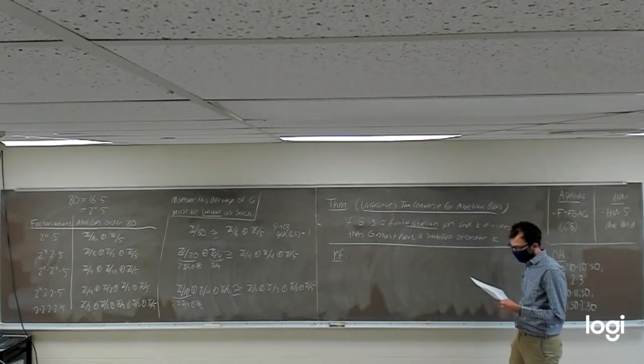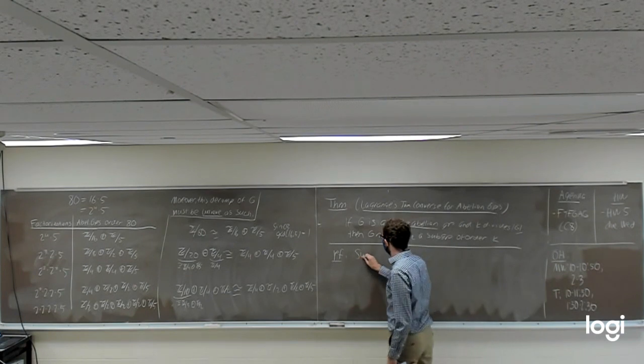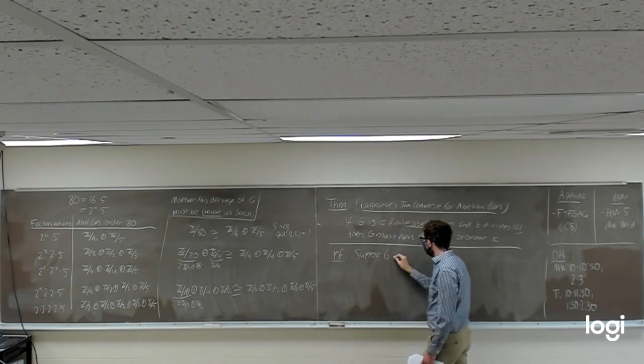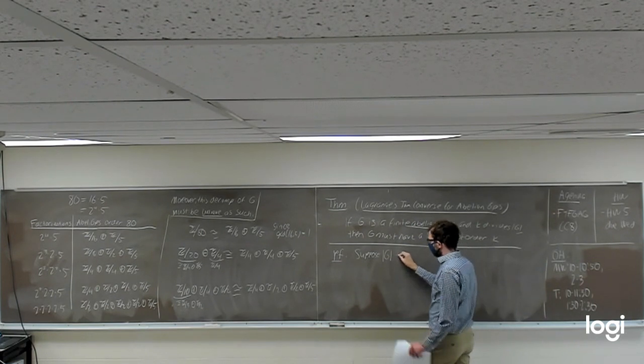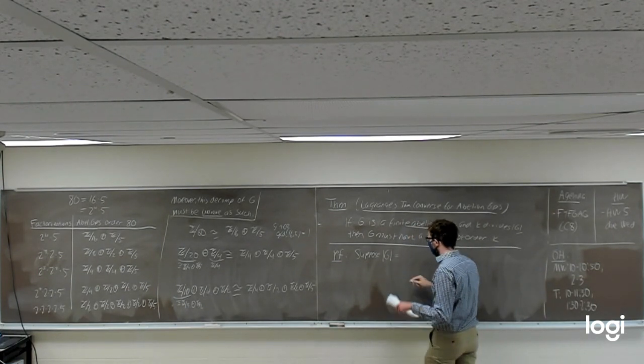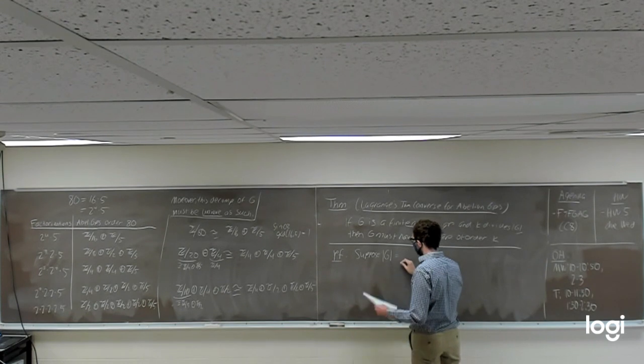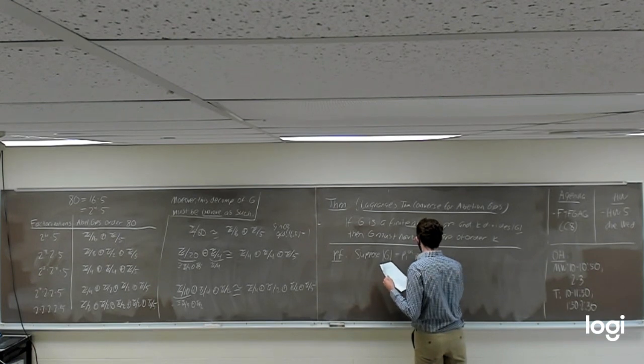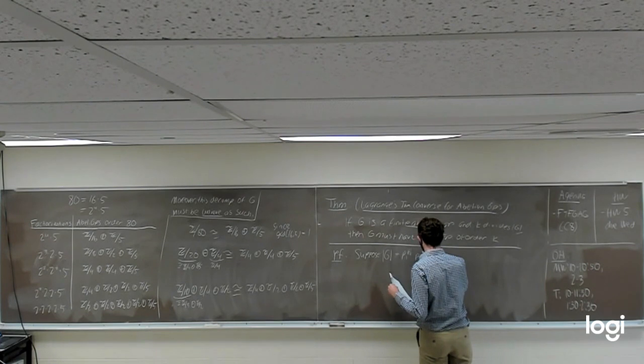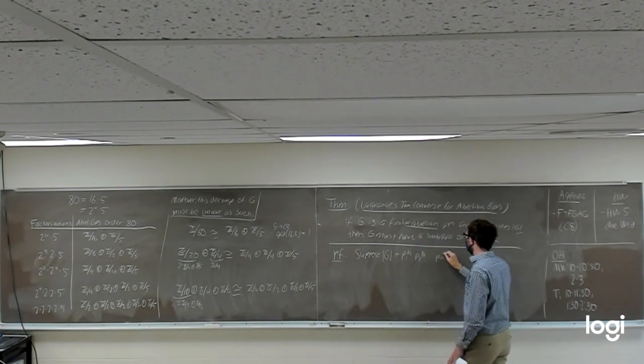Here's our proof. We're going to suppose that the order of G is equal to P1 to the R1, P2 to the R2, up through Pn to the Rn.